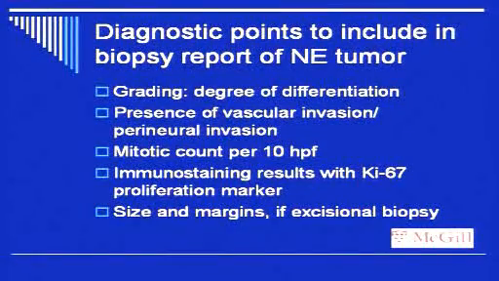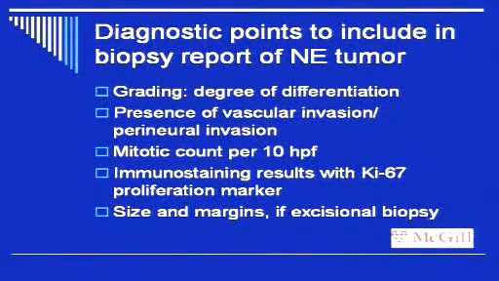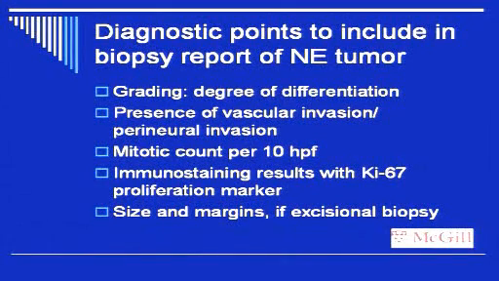So the points to be included in a biopsy report of a neuroendocrine tumor are, at the very minimum, the grade of the tumor, that is the degree of differentiation, which is a morphological assessment that we do under the microscope. That is to see if the cells are well differentiated or poorly differentiated. So that's really only two categories that you can put it into.